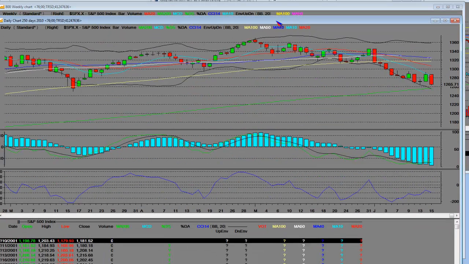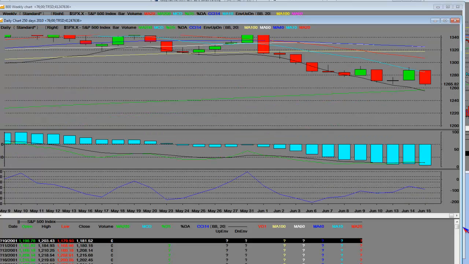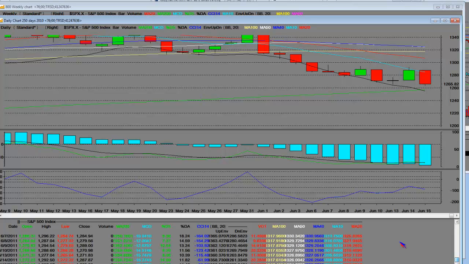On a shorter term level, using a daily chart, that 200-day moving average is going to be coming into play. And the good thing about learning these public indicators is knowing where they're going to make their reaction. Their reaction is that we are going to be oversold on the S&P in the shorter term.